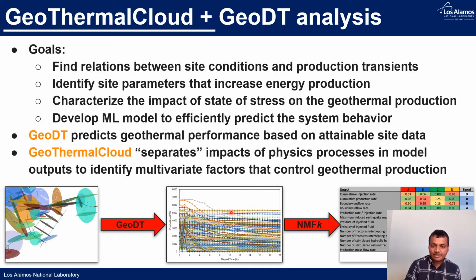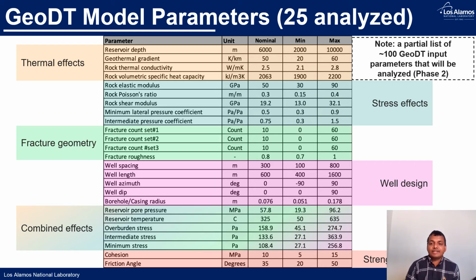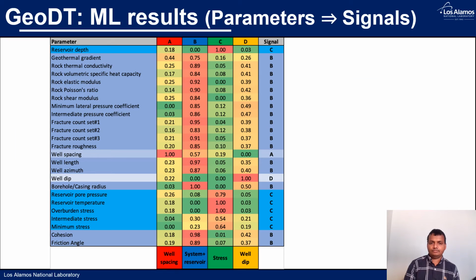Here GeoDT produces a lot of data, which is basically like finding needles in the haystack, but eventually NMFK can find the needles for you. For this dataset, we have more than 90 parameters, mostly based on stress effects, well design, and strength.